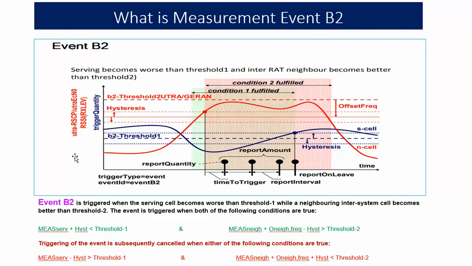The B1 and B2 events are used during inter-RAT handover, for example in SA 5G mode.